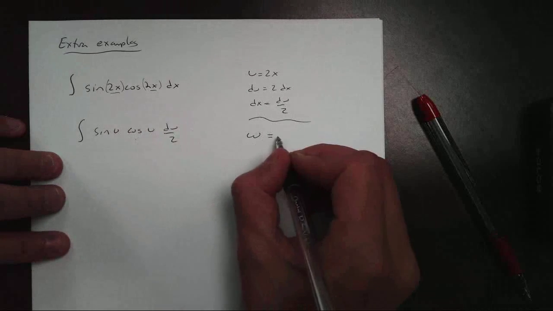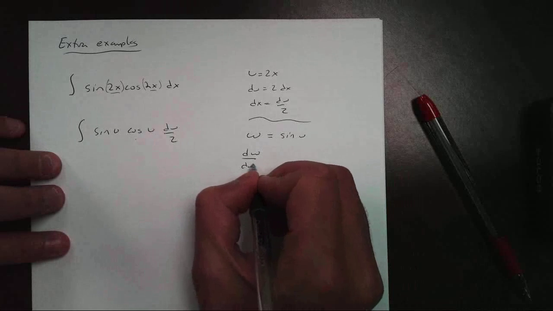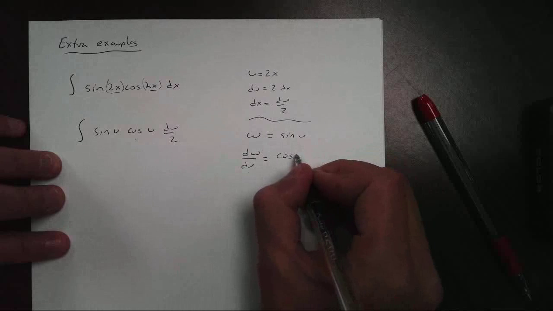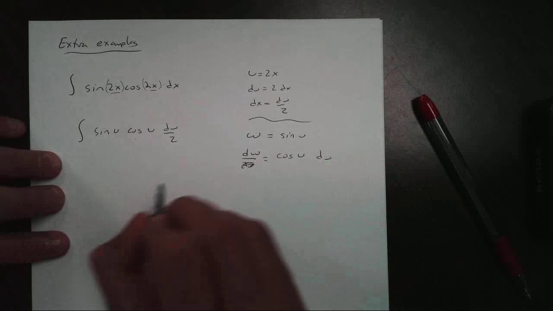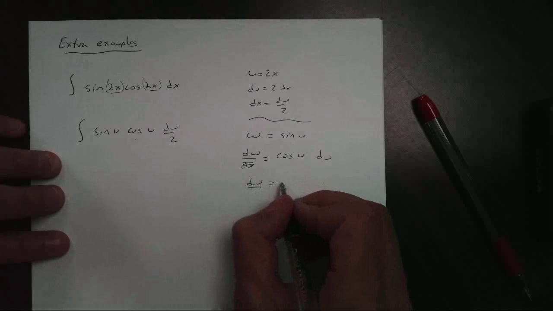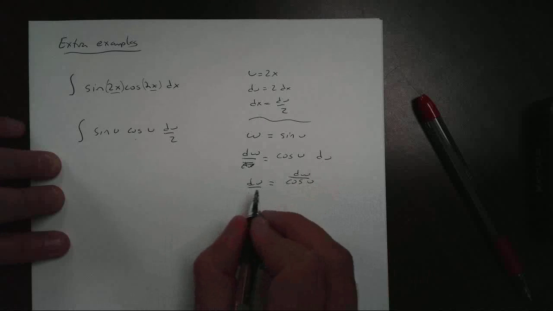So again, I'm going to let w be the sine of u, and the derivative, dw du, as you can see it's getting more complicated, we get the cosine of u du. I'm going to move the du over there. So solving it, I get du equals dw over cosine of u.